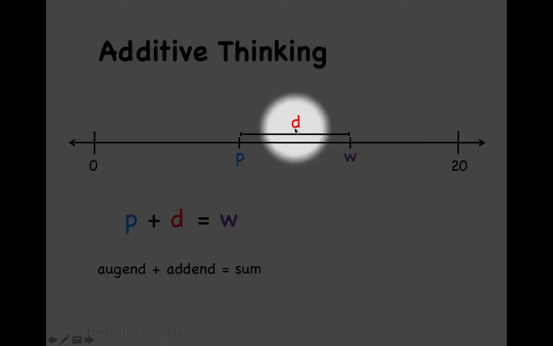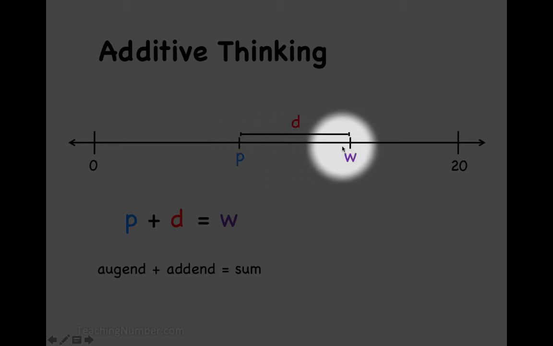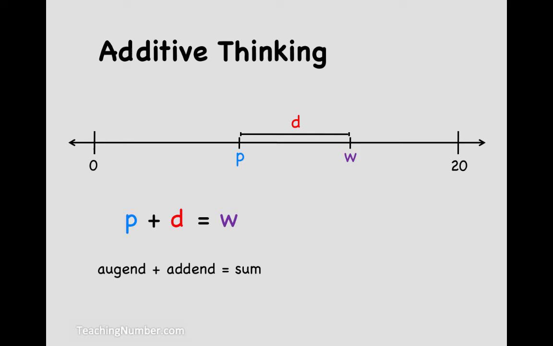So here is the big question. If the different part cannot be read directly from the number line, then how do we know what it is? Pause the video and think about it. If you're working with someone, talk about it.